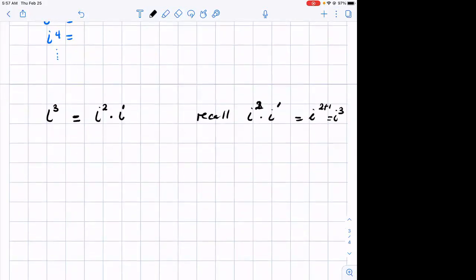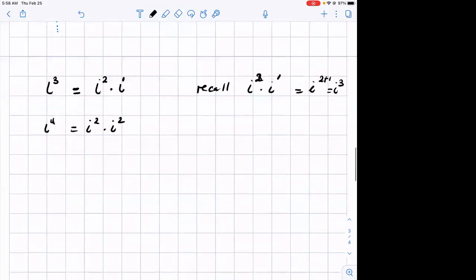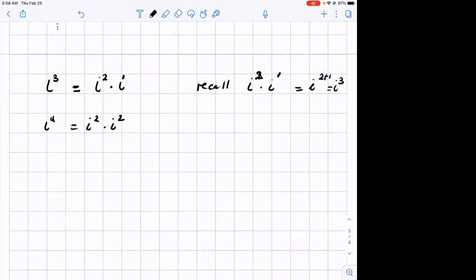Likewise, if I have i to the 4th, i to the 4th is equal to i squared times i squared. And if I have i to the 5th, this becomes i to the 4th times i.